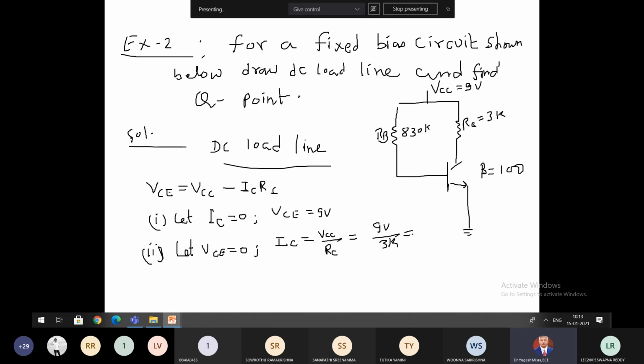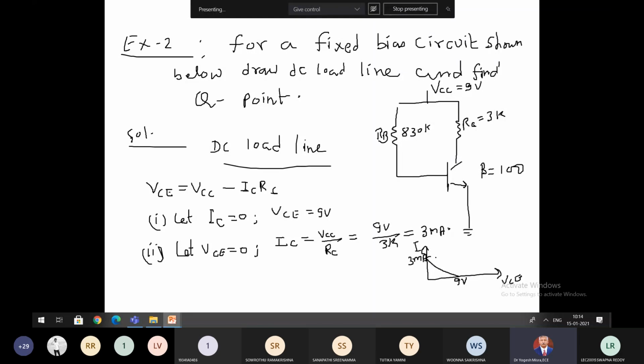So if you solve this, then you will get 3 milliampere, right? So we got the DC load line. On x-axis we have VCE, y-axis we have IC, and we got this line. Here on x-axis this is 9 volt, and here it is 3 milliampere. So this we got, right?